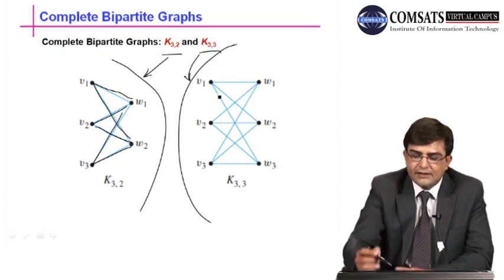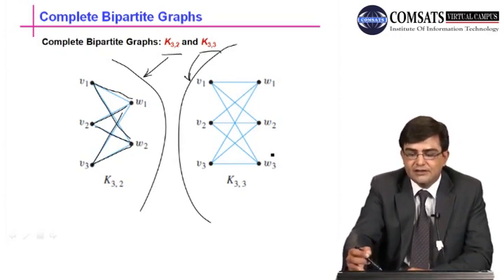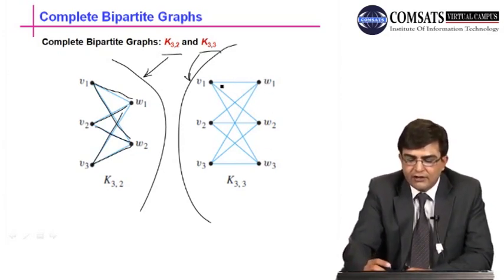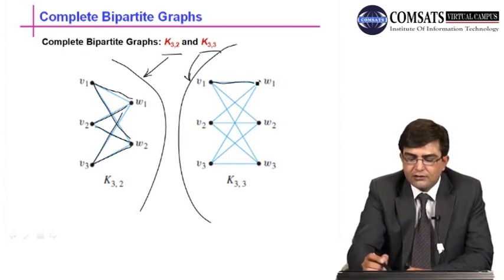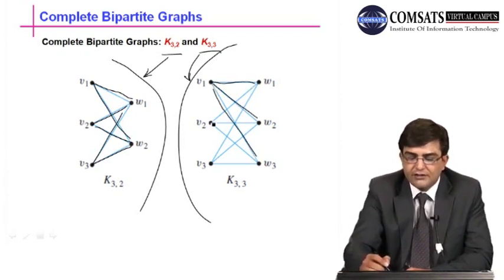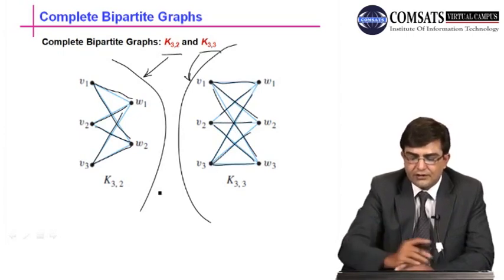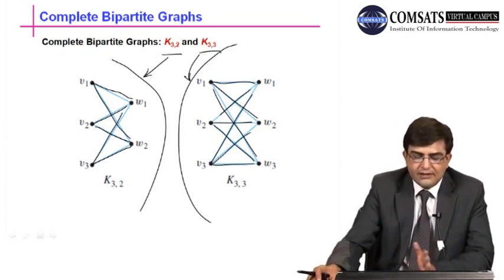Similarly, K33 contains v1, v2, v3 in the first set, and w1, w2, w3 in the second set. v1 is connected to w1, v1 is connected to w2, v1 is connected to w3. Similarly, v2 is connected to w1, w2, w3, and v3 is connected to w1, w2, w3. Now this is basically the first condition.